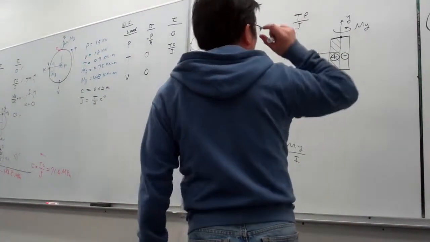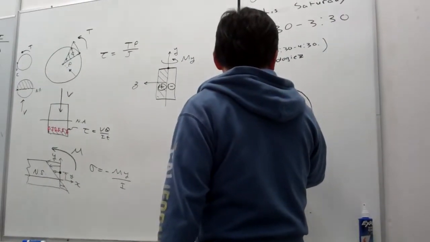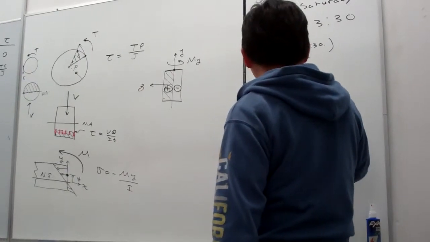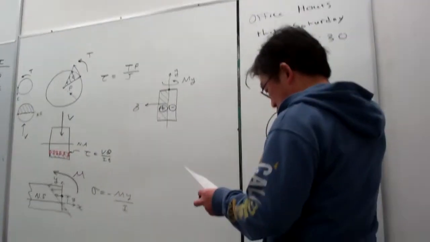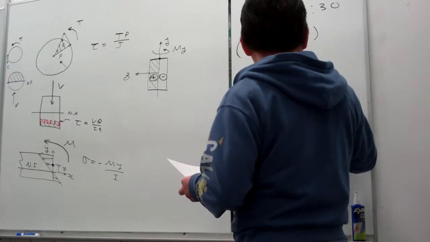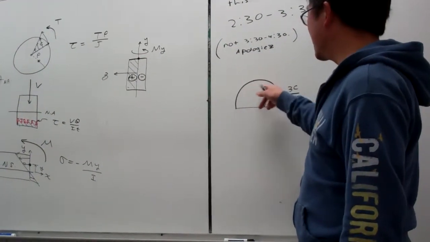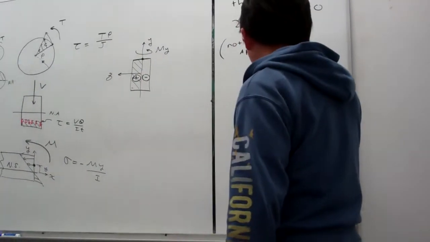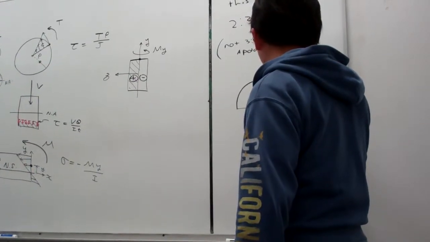Then I need to give you a formula for a half circle. The distance from the centroid of the half circle to the bottom line here is 4c over 3 pi.